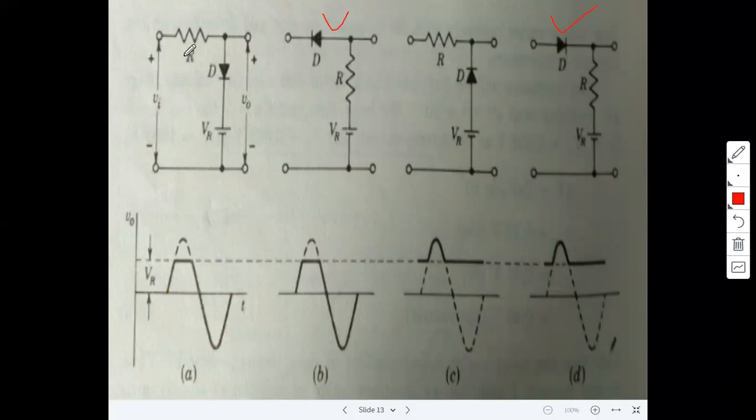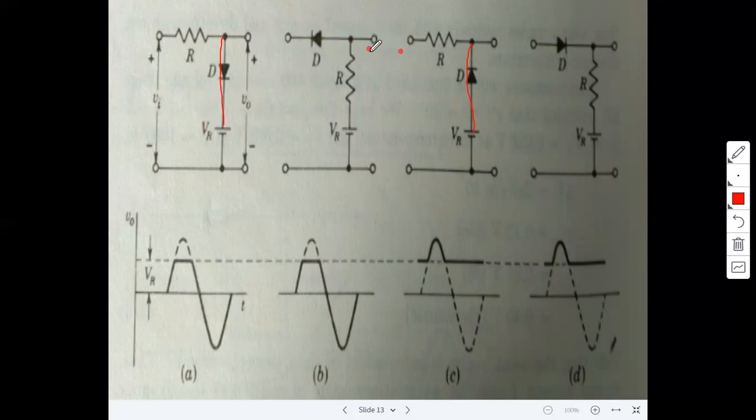Remember here. In the parallel first and third circuits, when the diode is on, the output is limited to VR only. Remember this one, right? When the diode is on, the output is equal to the reference voltage. When the diode is off, the output follows the input.